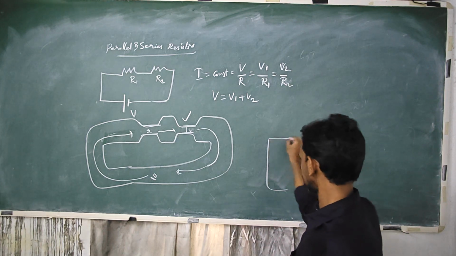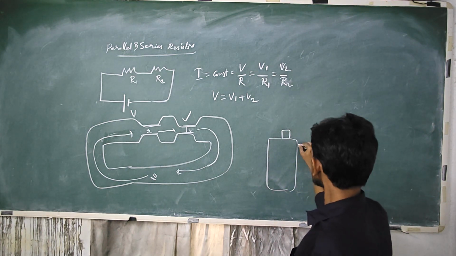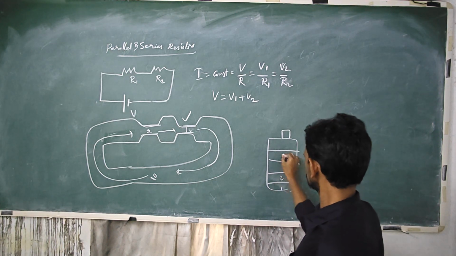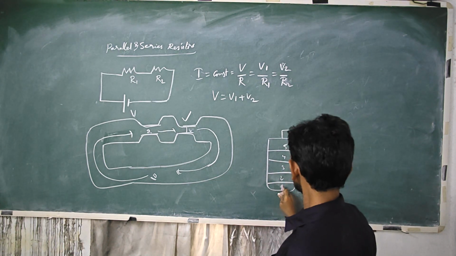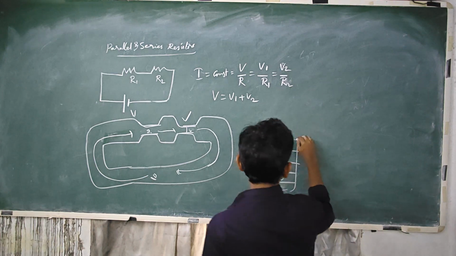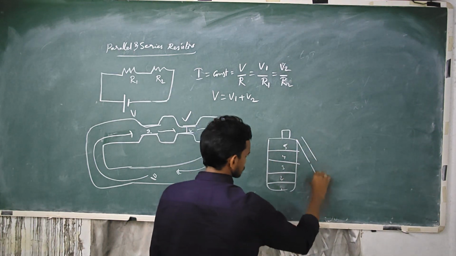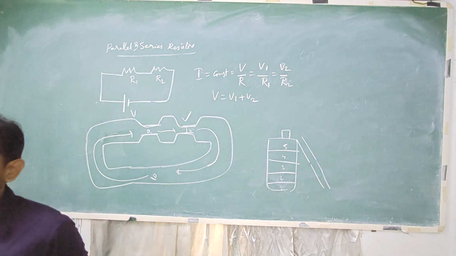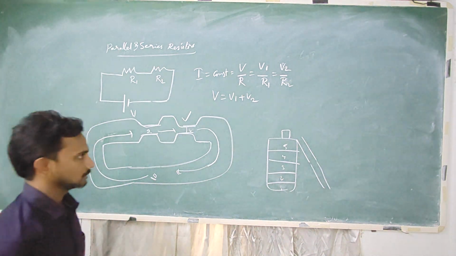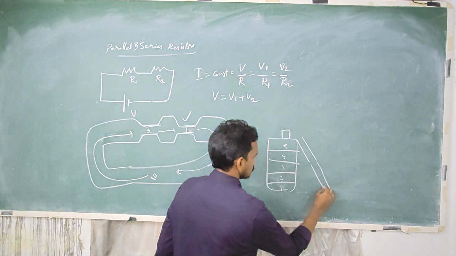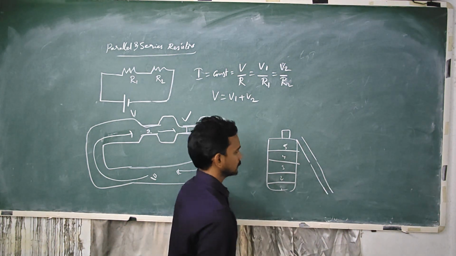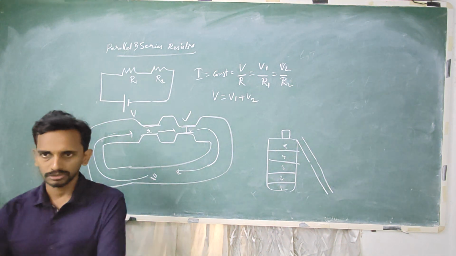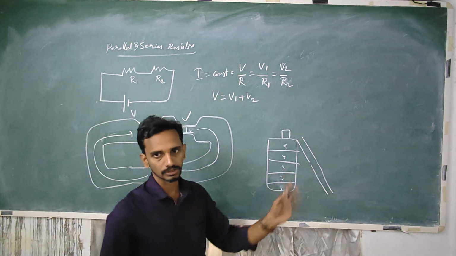So in the same example, when you are joining two resistors, you have to ensure that the area remains equal. So whatever difference you show should be in the length only.